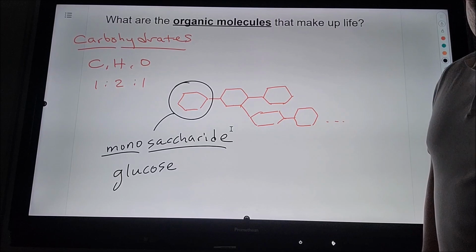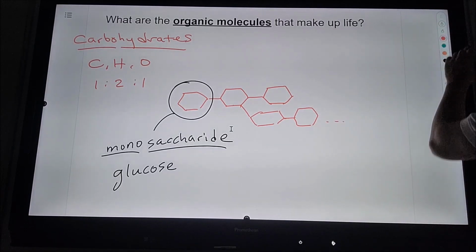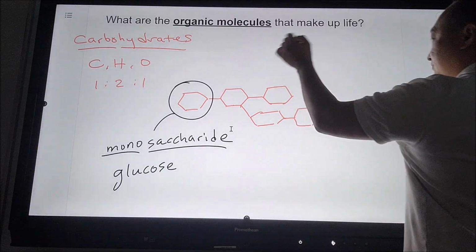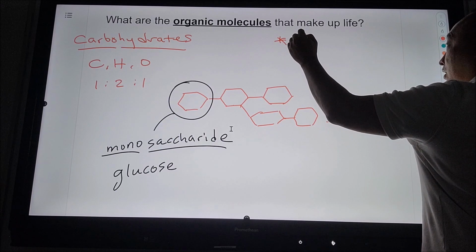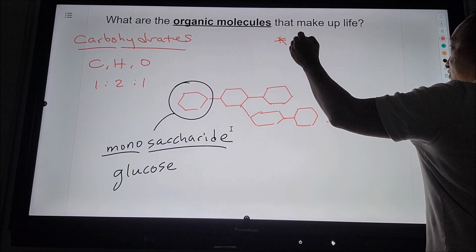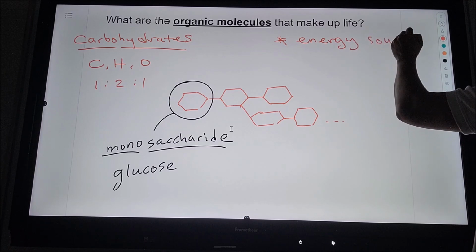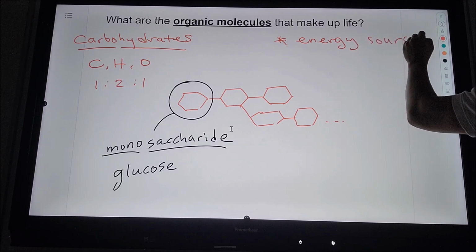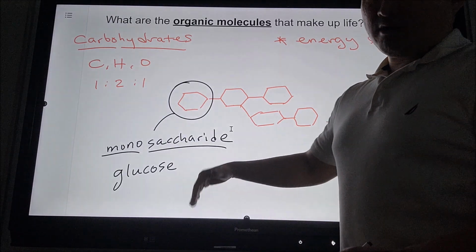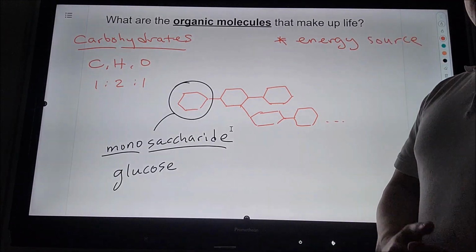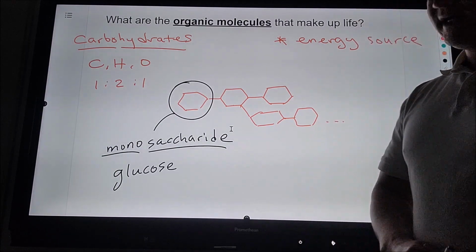All right. So the function, the most common function is that carbohydrates are sources of energy. Specifically sugars, like glucose, fructose, and even some of your larger carbohydrates like starch and glycogen.